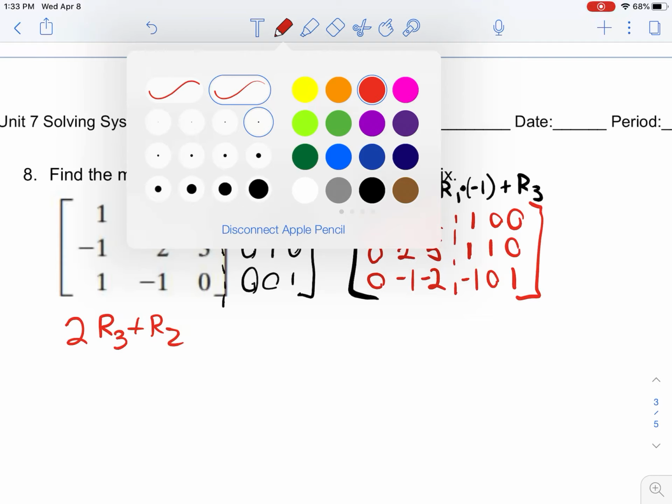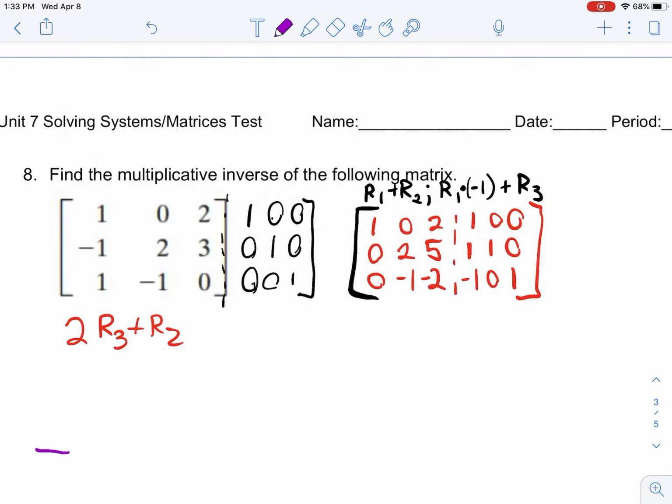So with that, let's take a look. When I do this, let me change my color to something a little different. My first row is still going to be the same. Negative 2, or 2 plus 2 is 0. 4, once again, we're multiplying this by 2. Negative 2 times 2 is negative 4, plus 5 is 1.